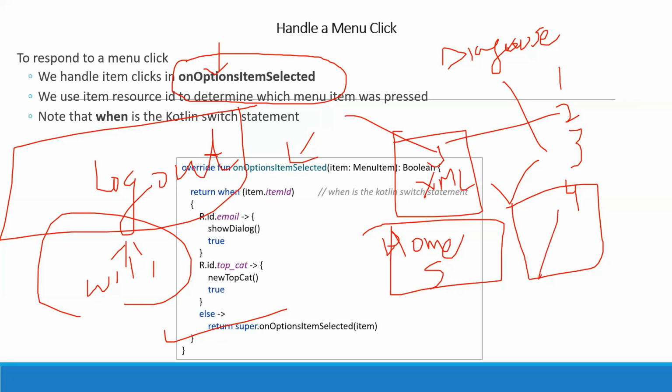Let us suppose four, take an example, logout. Logout means I am redirected to the home main activity.xml file. And all these things can be done with the help of onOptionsItemSelected.